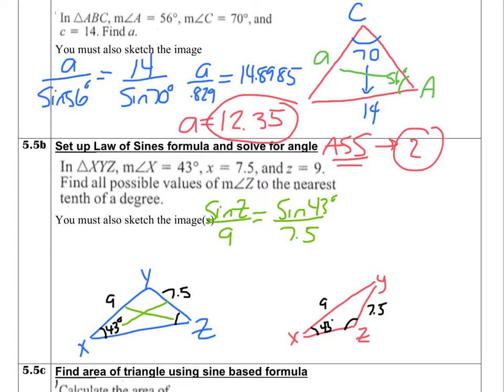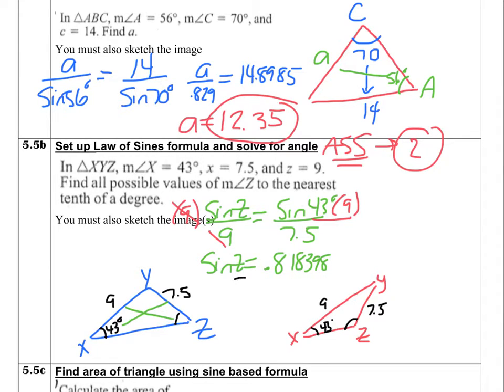I'm actually going to try to get the sine of Z by itself, so I'm just going to multiply both sides by 9. So the 9's will cancel. What I'm going to type in my calculator is the sine of 43 and hit enter, then times that answer by 9, then divide by 7.5. When I do that, I'm going to get that the sine of Z is equal to 0.818398.